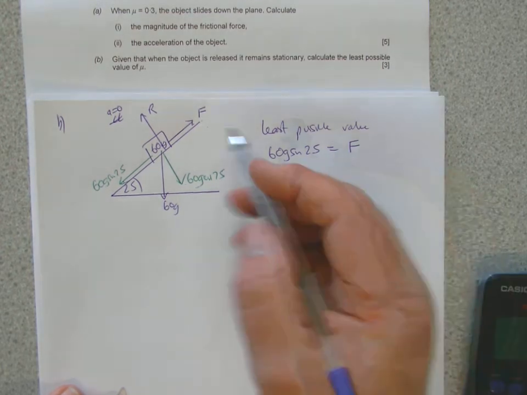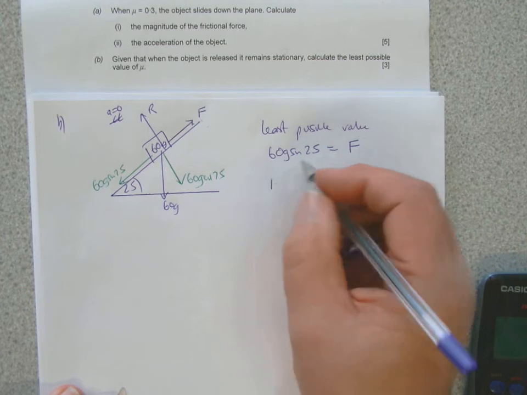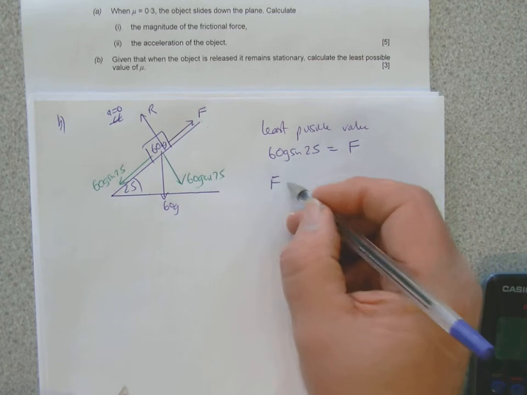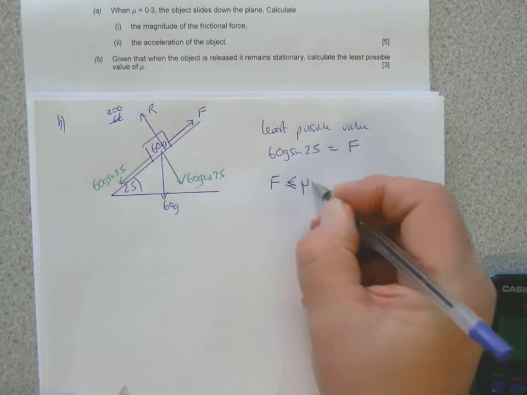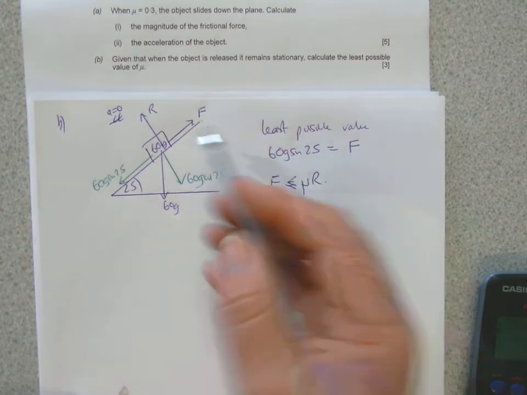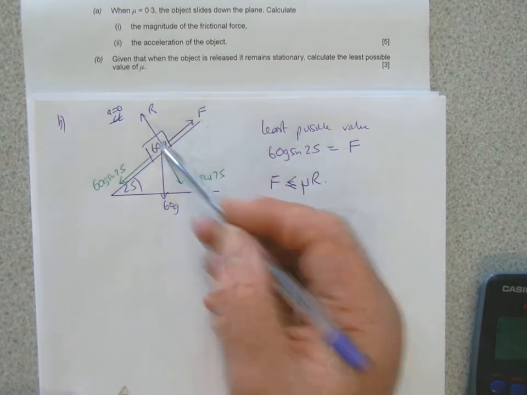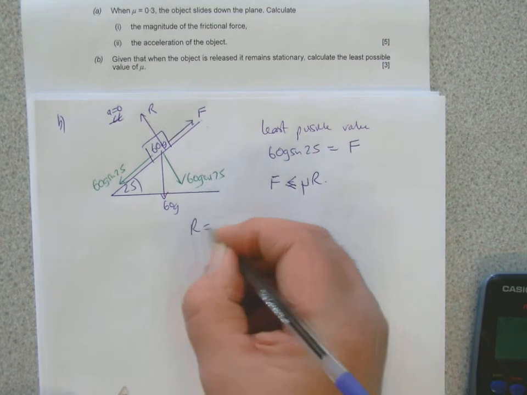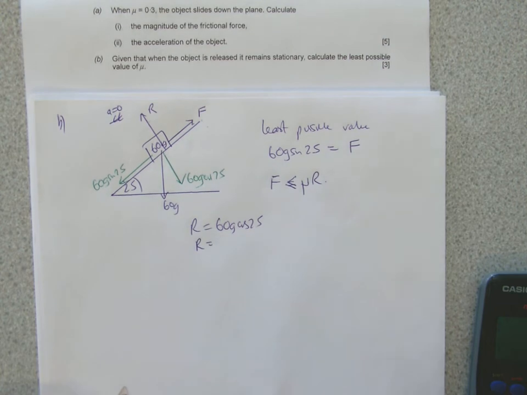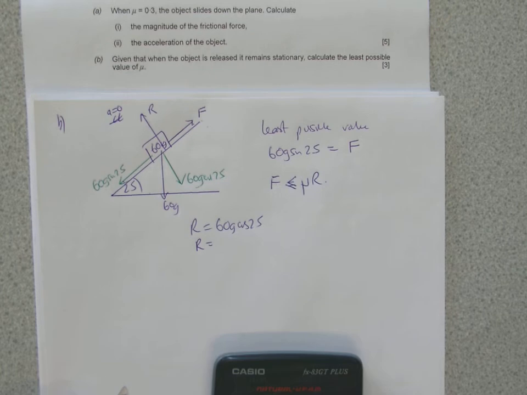Okay, now then, F by the law of friction is less than or equal to mu R. So if I get the R component, which I've got from the first part, R is equal to 60g cos 25. I've calculated that once: 60 times 9.8 cos 25.